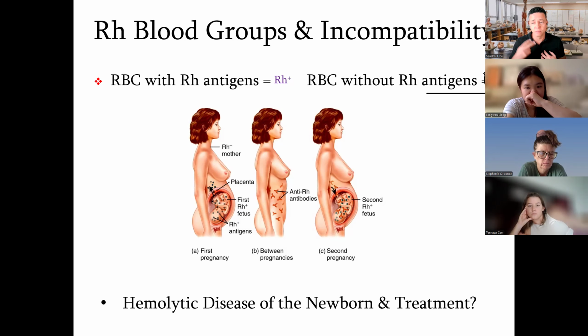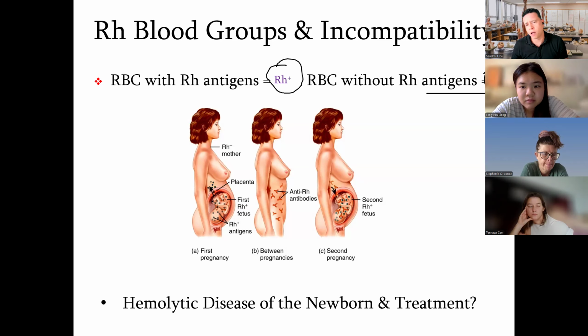If you receive blood from an Rh positive donor, now your antibodies are going to bind to the Rh antigen in that donated blood, and it's going to destroy the red blood cells, and that can be dangerous. So you can only receive it one time. Okay? But if you are Rh positive, it doesn't matter if you're receiving Rh positive or Rh negative.